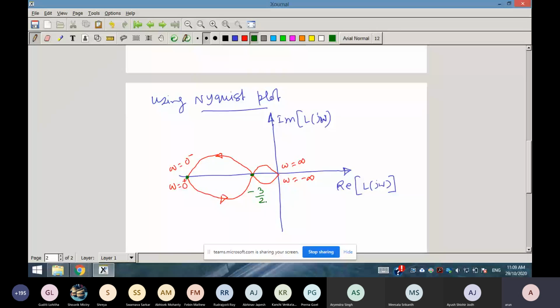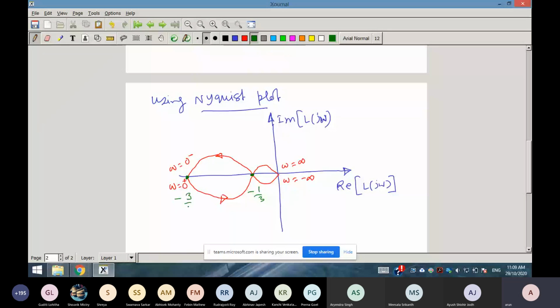This should be 1 by 3, because ultimately then your 1 by 3, and that means this point, and this point is minus 3 by 2.